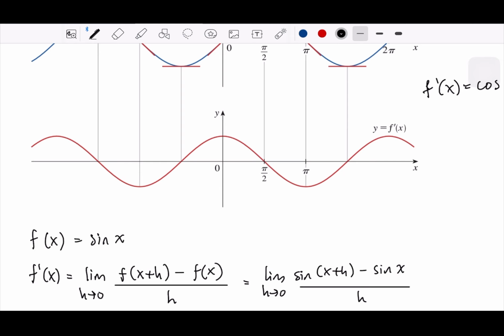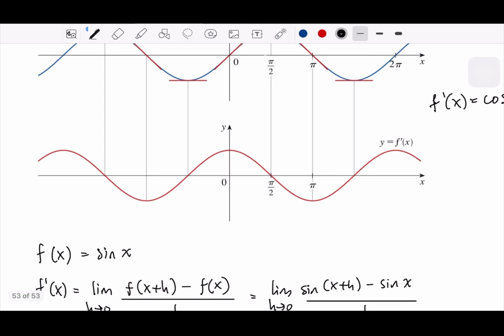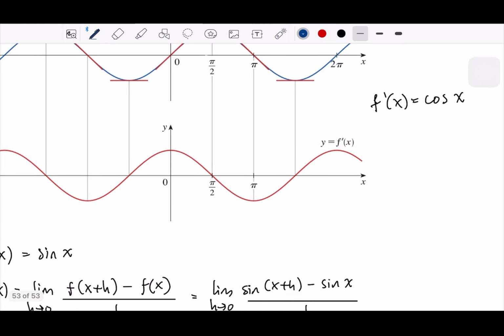If you compare with the first one, it's perfectly the opposite of sine. So we could say that if we have f prime equal to cosine x, then if we take one more derivative, it will be minus sine. So you write that. The second derivative will be negative sine x.